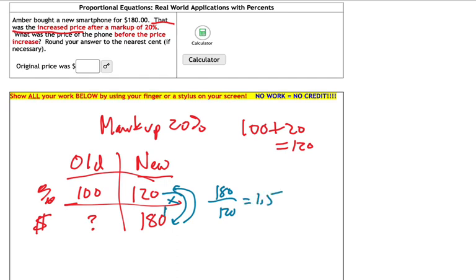So what that means is that 120 times 1.5 is 180. So that means we are going to multiply 100 by 1.5 as well. And that is 150. So the original price or the old price of the smartphone was $150.